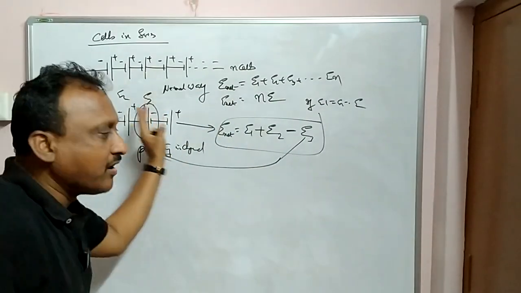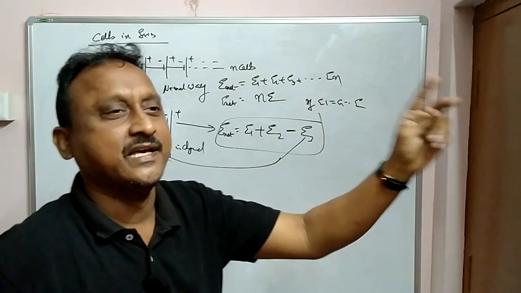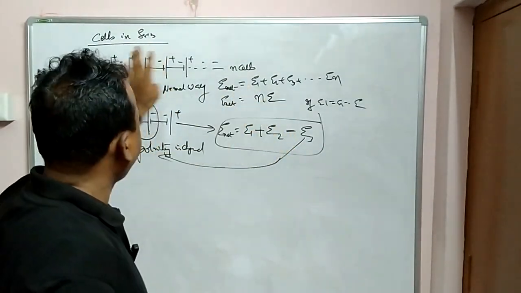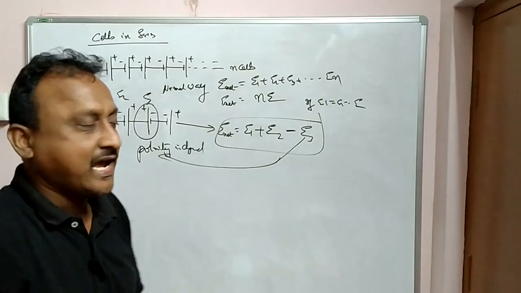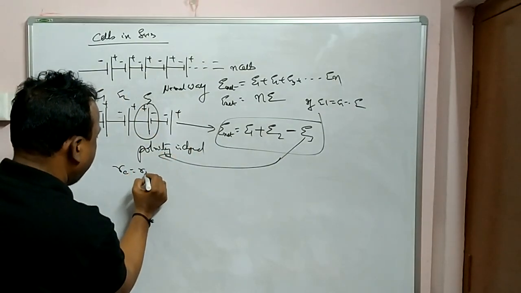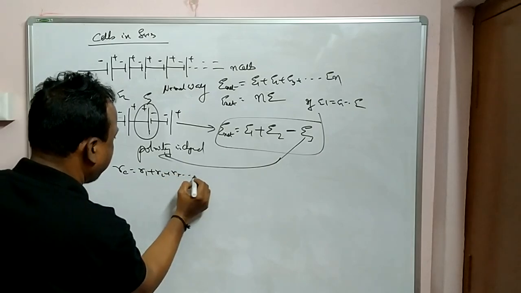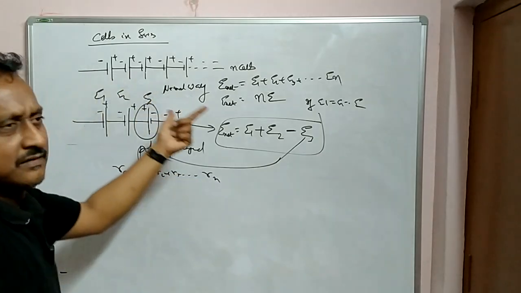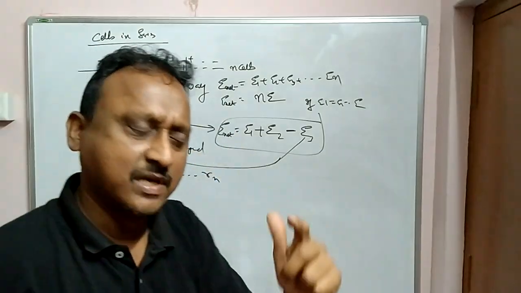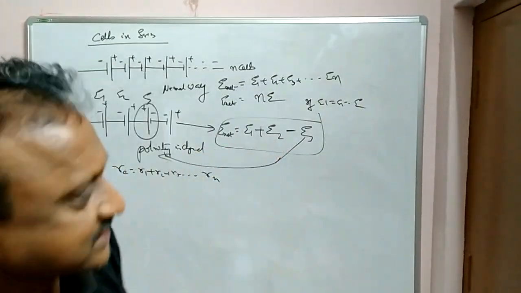Normally it is E1 plus E2 plus E3, but whichever has its polarity changed, subtract that one. This is how you find the effective value. For internal resistance, it won't change: Re is equal to R1 plus R2 plus R3 plus dot dot dot Rn. Even if the polarity changes, the internal resistance value does not change. It is the sum of all the resistances because it's a series connection.